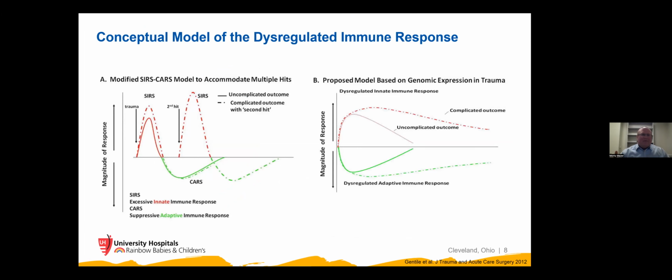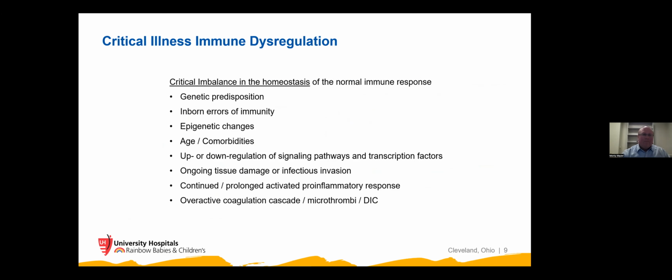So we're kind of shifting now from this bimodal high inflammation followed by a suppressive anti-inflammatory response to a conjoined overexpression of inflammation and over-suppression of the immune system, both of which need to be targeted in our immunomodulatory therapies. Now, why does dysregulation happen? There could be many reasons. You can have genetic predispositions.